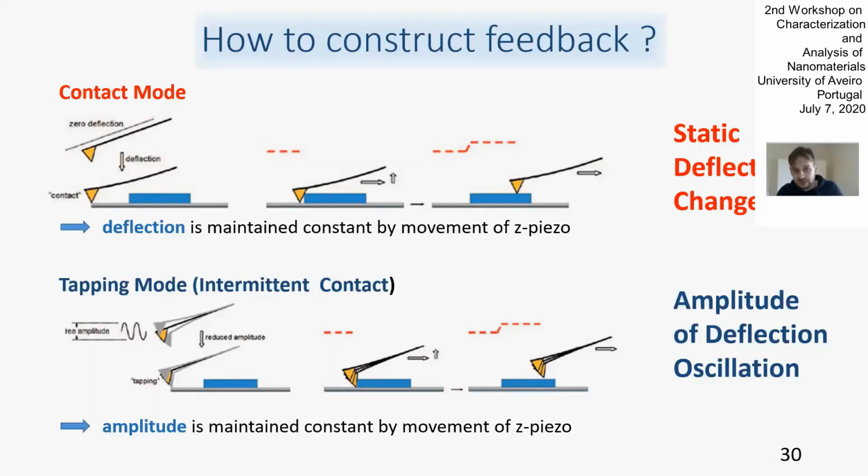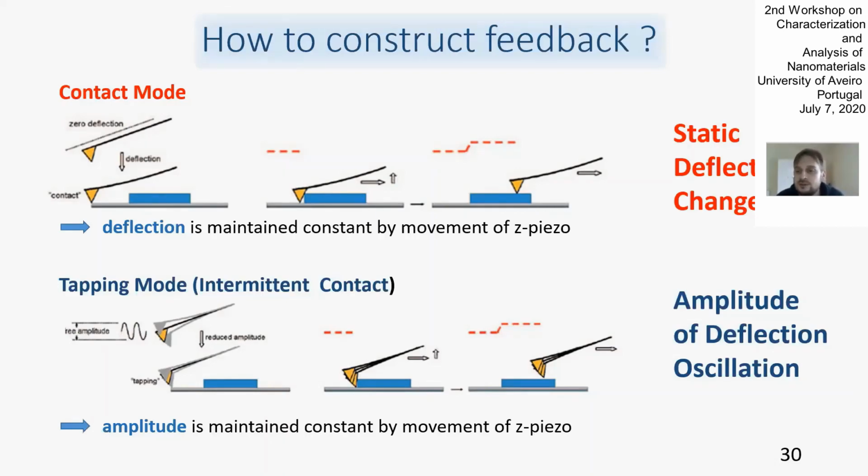So, in absolute analogy to the contact mode measurements, in order to keep the feedback and not destroy the tip, we should keep some parameter constant. And in that case, it's not the deflection signal, it's the amplitude of the deflection signal.